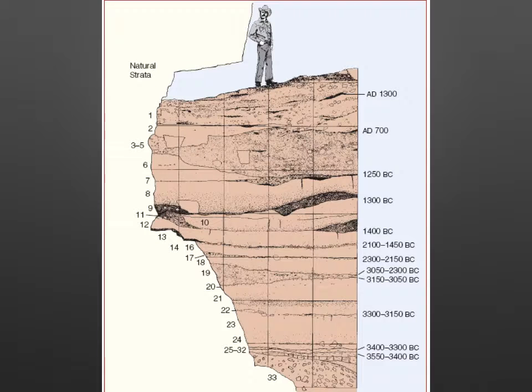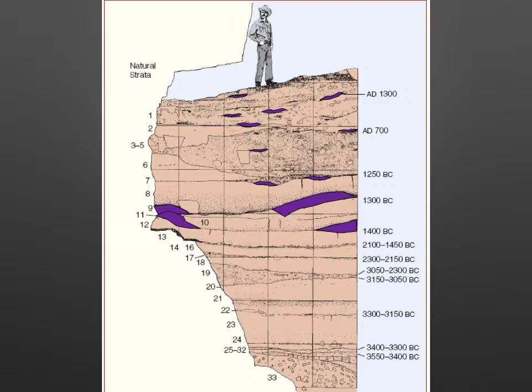In the master stratigraphic profile, the thin dark levels are the ones that they inferred resulted from human activity. And this is inferred from the type of things that are recovered from the site.